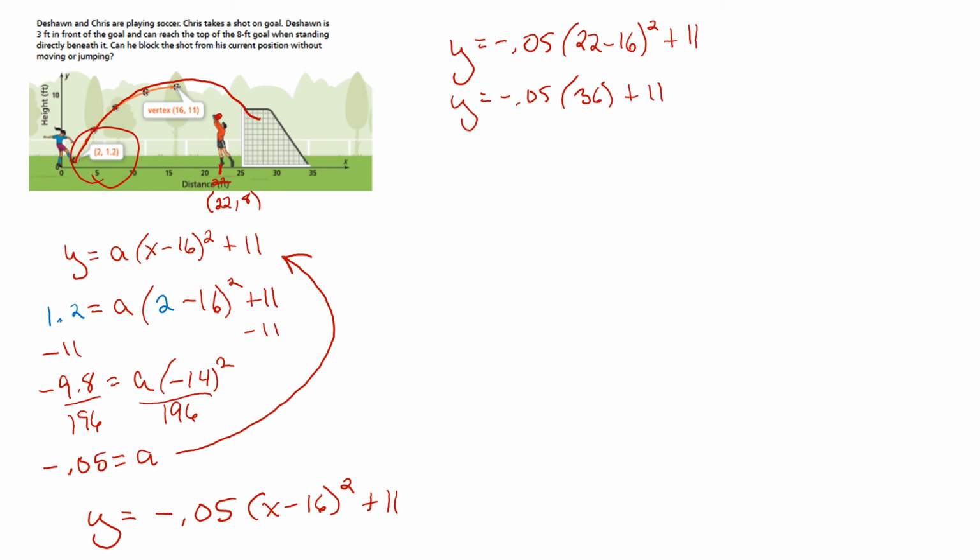Negative 0.05 times 36 is negative 1.8 plus 11. When we add those together, we get y equals 9.2. So it's going to be 9.2 feet off the ground when it gets to Deshawn.